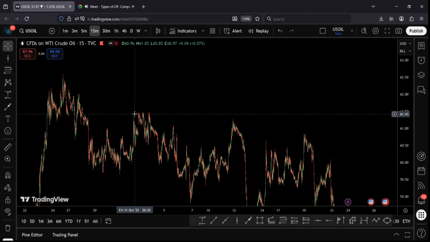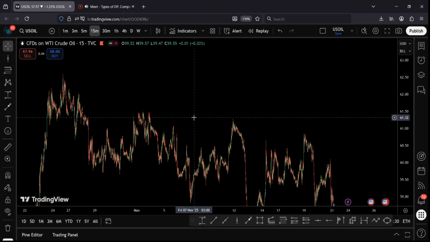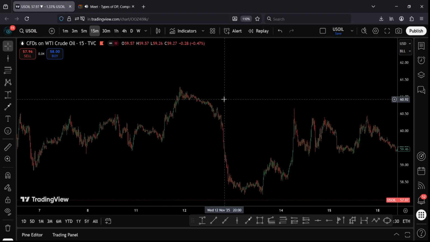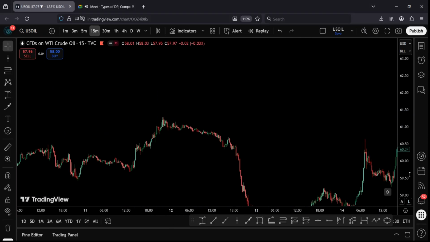Like we find a QM here, right? And if we go here, yes, we can find RS here, like this.